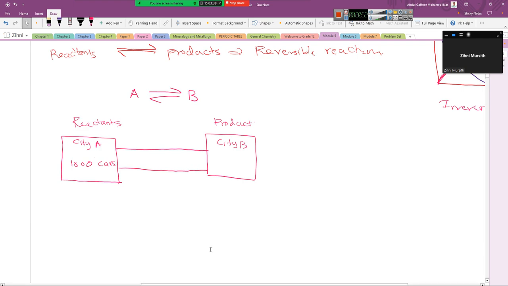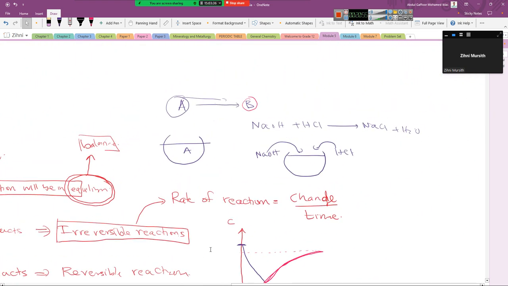Let's say we have NaOH and HCl. Once you have mixed NaOH and HCl, it will produce NaCl and H2O. But after NaCl is formed, this reaction cannot happen in the backward direction.